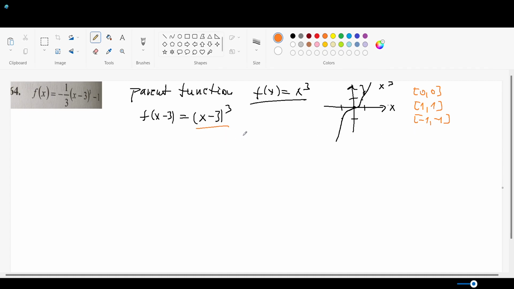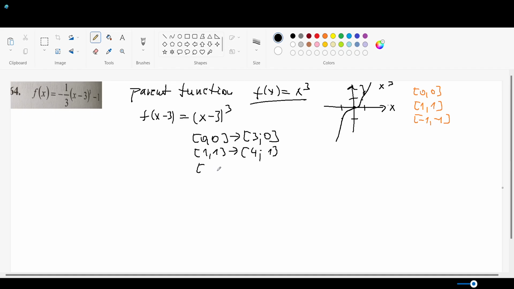This transformation means that we transform the point 0, 0 to 3, 0, because we transform the whole graph of the parent function 3 units to the right. So all the x coordinates will be transformed to these new coordinates.